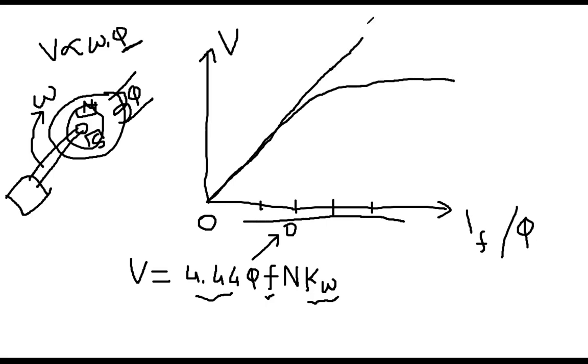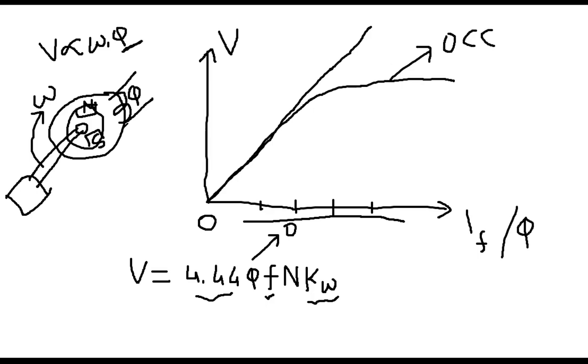So this is the ideal curve, but this is the saturated curve. At some point, even though you increase the field current or the flux, the voltage does not increase, because the field got saturated. That is the property of the magnetic material. So this realistic curve is called the open circuit characteristics curve, OCC.